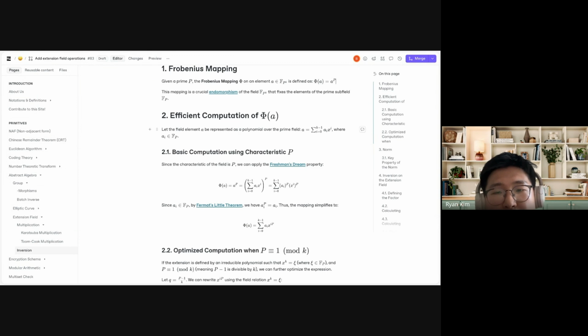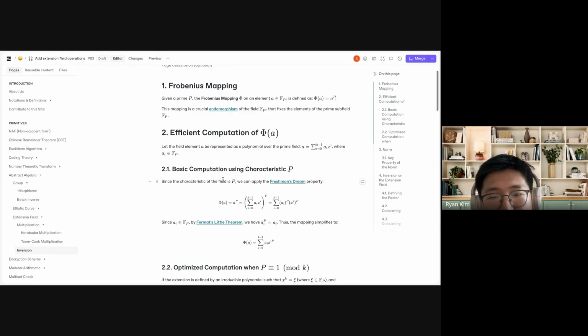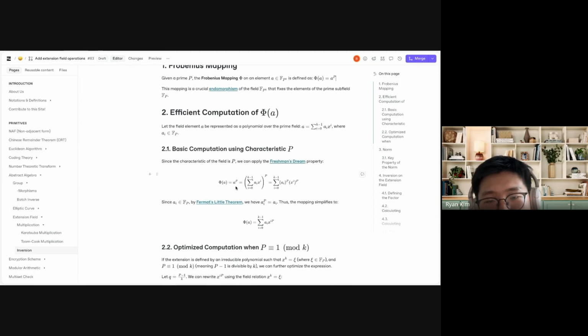The interesting part of the Frobenius mapping is this: if A is composed of A sub i times x to the i, summed, and you actually compute the P-th power, only this part remains and the rest of the terms disappear.